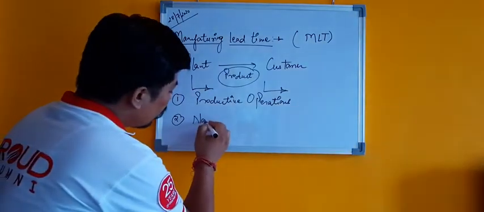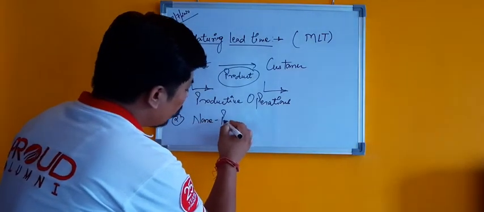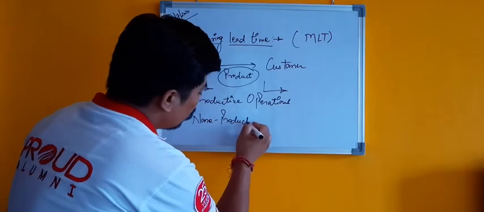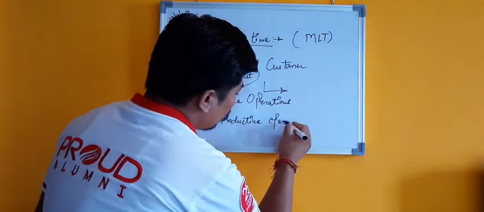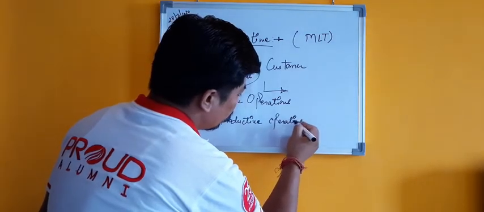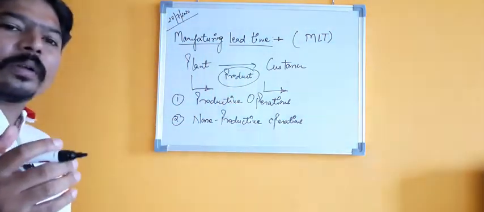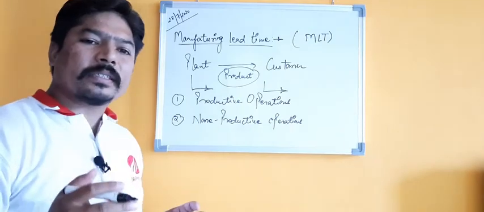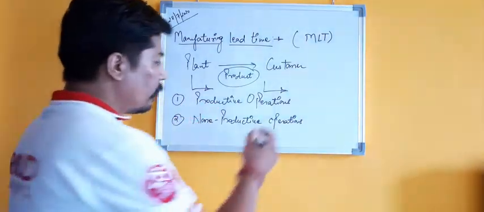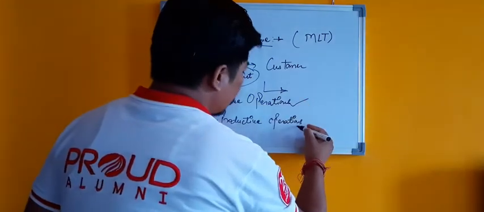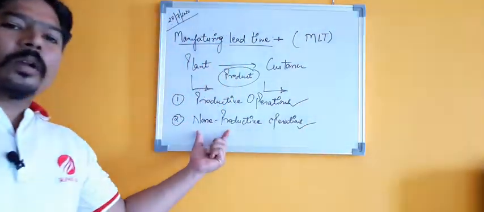The second one is non-productive operations. If we are going to categorize these processes in any manufacturing system, we can categorize them into these two parts: productive operations and non-productive operations.